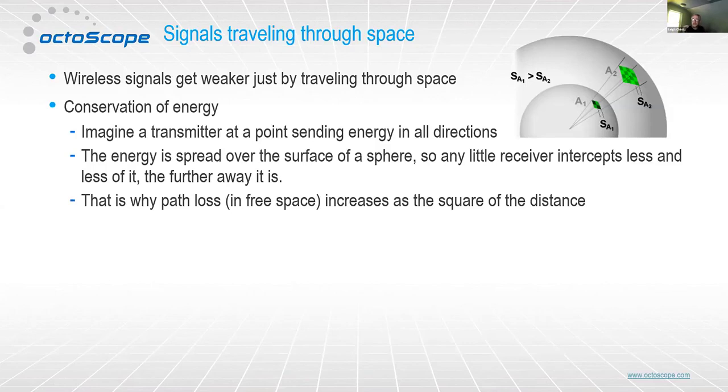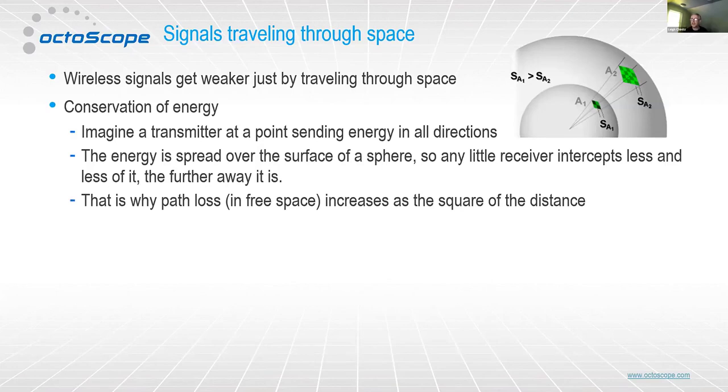So if you imagine putting a little patch on the outside of that sphere, and the amount of energy that you receive through that patch is what you see in your receiver, then you can imagine how as the energy moves out through space and that whole sphere gets bigger and bigger, that patch is seeing less and less of the total. And that's why the fundamental path loss that everybody understands is that path loss increases as the square of the distance between the transmitter and the receiver. That's the basic principle of free space path loss.